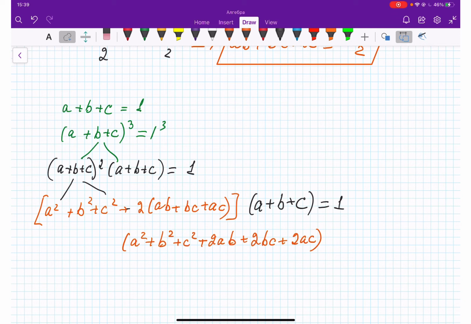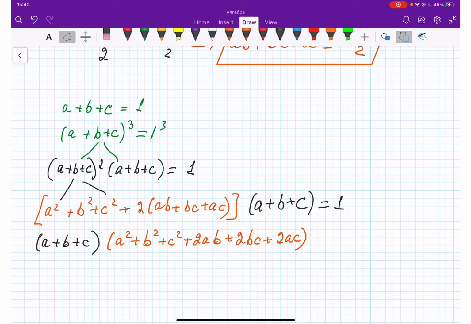And this A plus B plus C I'll put in front, because it's easier to multiply the parentheses with fewer terms, like that. So now I'm going to multiply these two parentheses.